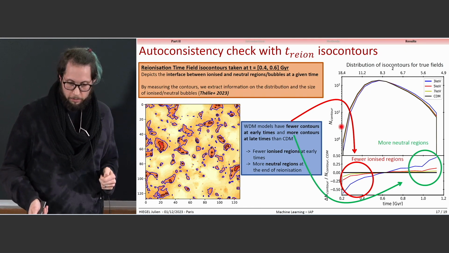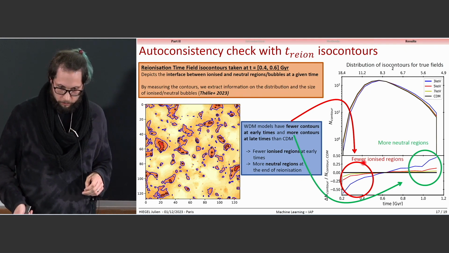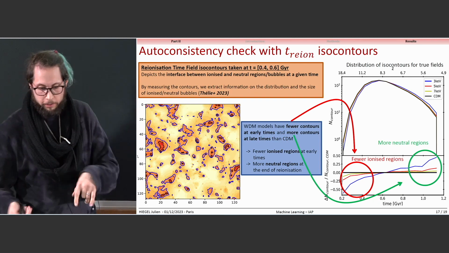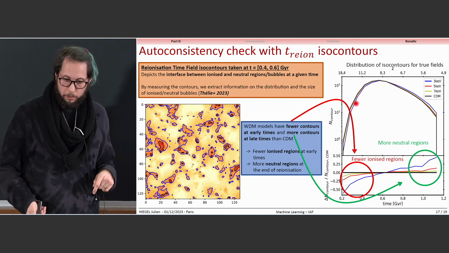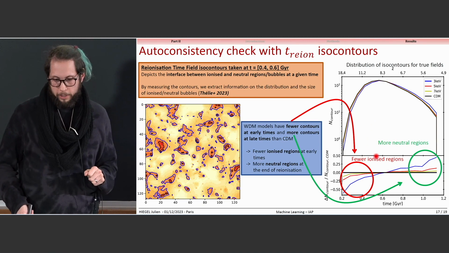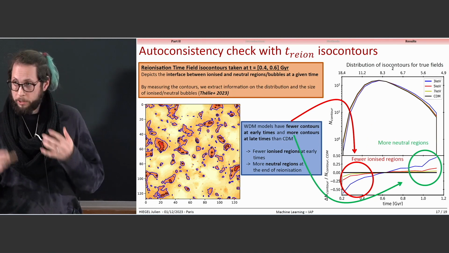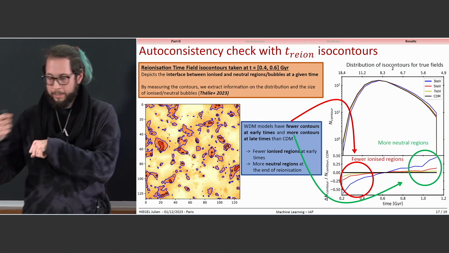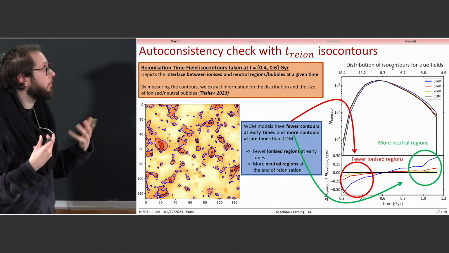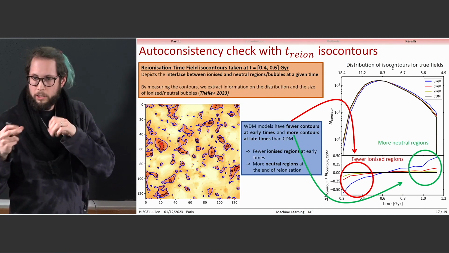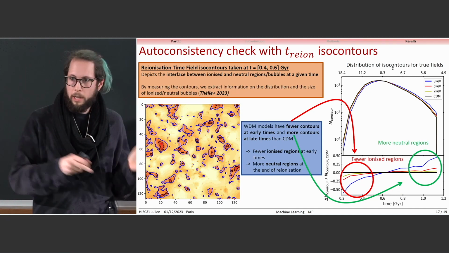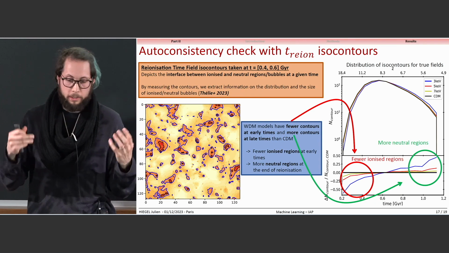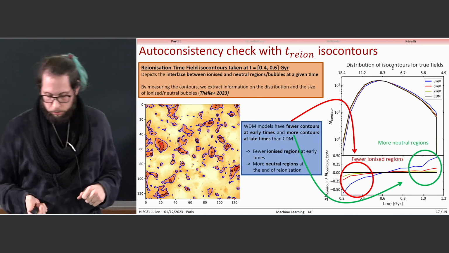Here on the bottom, you have the distribution of warm dark matter minus the distribution of the cold dark matter. And what you can observe is that for the warm dark matter model, you have fewer ionized regions at early times, and you have more neutral regions remaining at late times. It is because the warm dark matter model starts the reionization slower than the cold dark matter, and at the end, there is more neutral region remaining, and then it has just to finish the reionization.